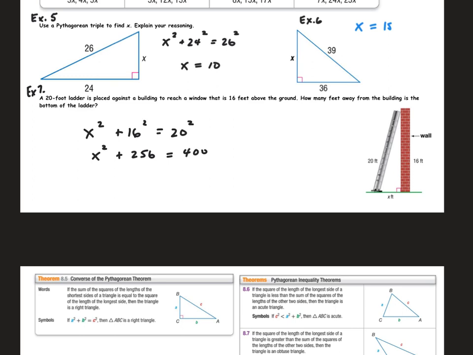If we subtract the 256 from both sides, we get that x squared is equal to 144. If I take the square root of both sides, I get that x is equal to the square root of 144, which is equal to 12.